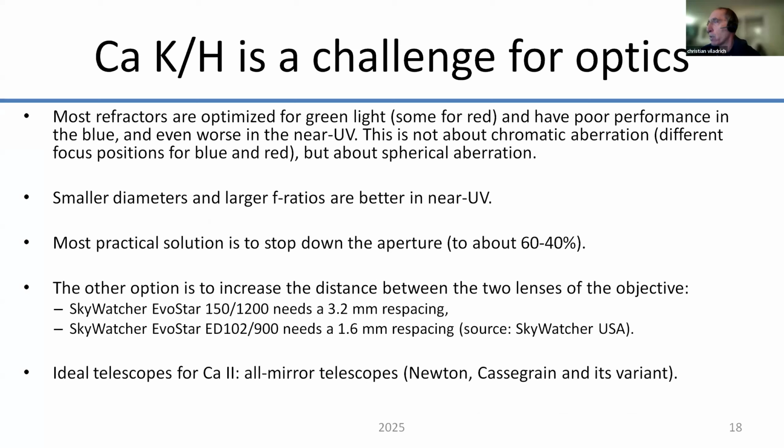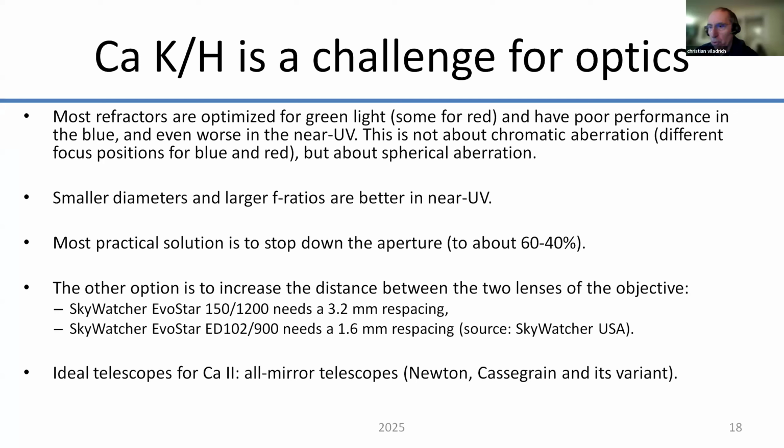Most of them are optimized for green light, some of them for red light, and most of them have very poor performance in the blue and even worse in the violet. So this is a big issue.